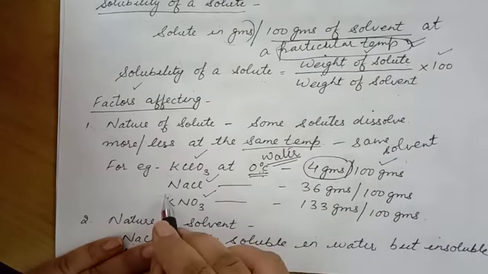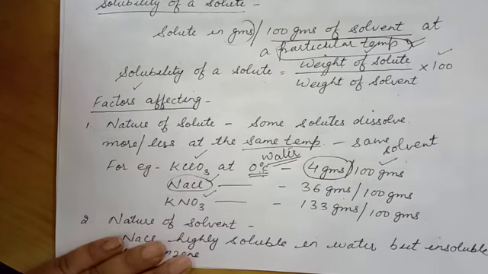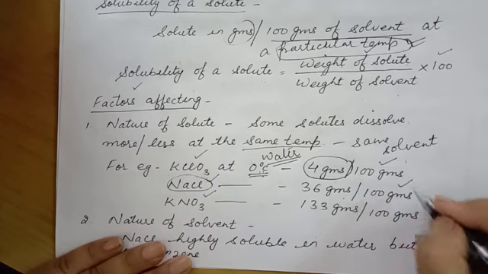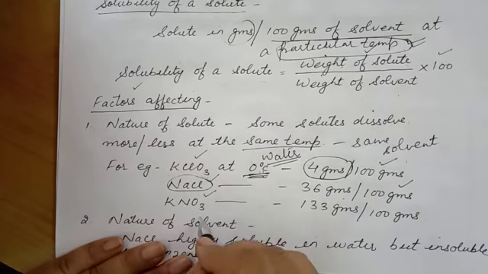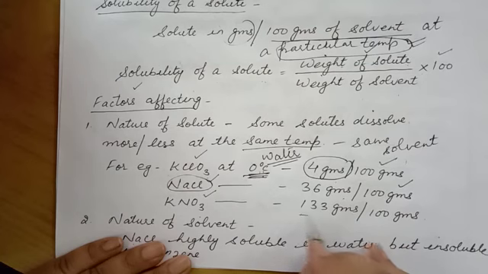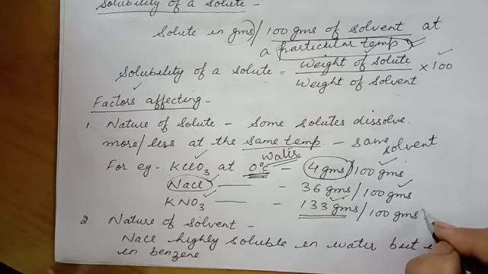At the same temperature, 36 grams of sodium chloride is dissolved in same amount of solvent. At that temperature only, amount of potassium nitrate is 133 grams, that is going to dissolve in 100 grams of water.